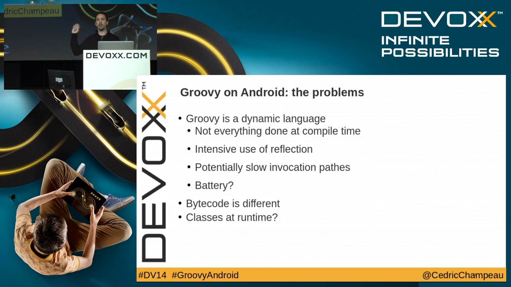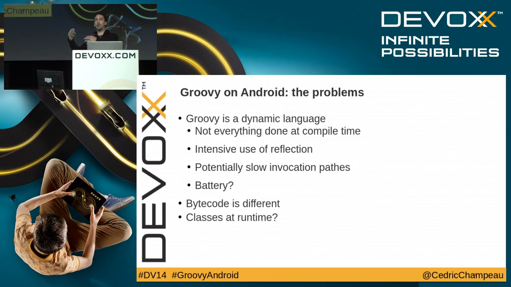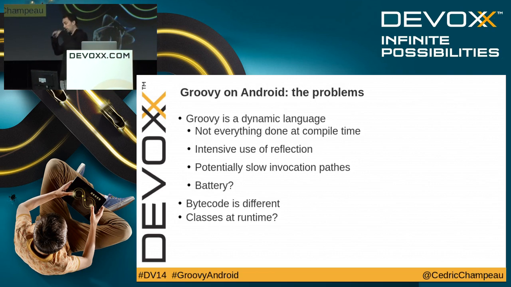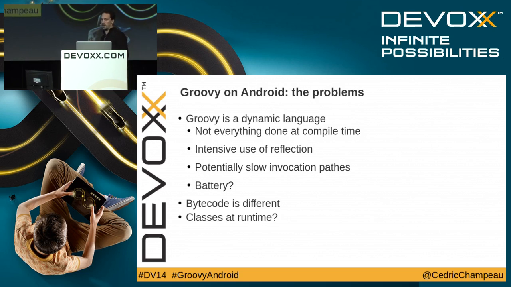So when you say, I am calling this method, the compiler resolves the method and says, in the bytecode, this method is going to be called. In classic Groovy, in dynamic Groovy, it's not the case. The selection of the method which will be called is done at runtime because it's a dynamic language. So you can override a method at runtime, for example, or add new methods at runtime.